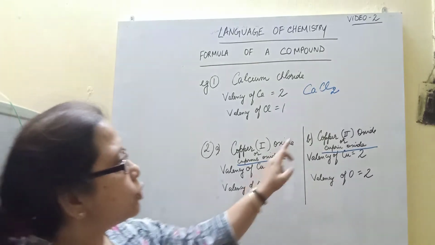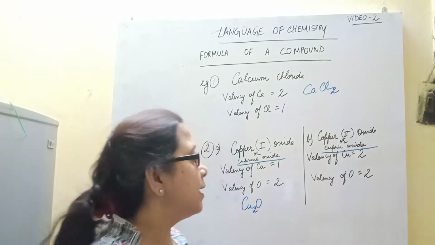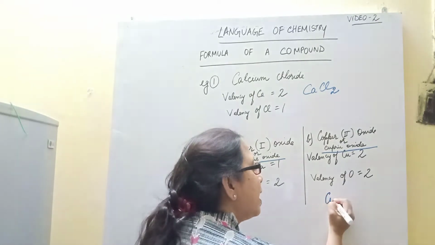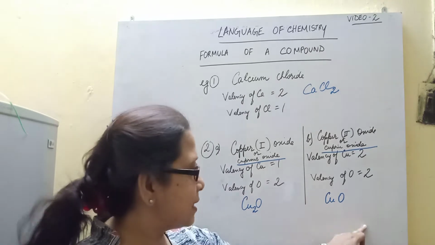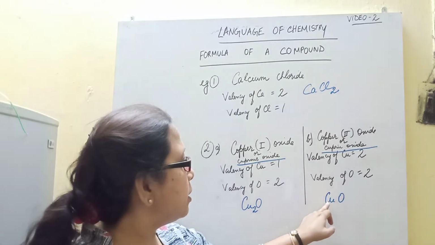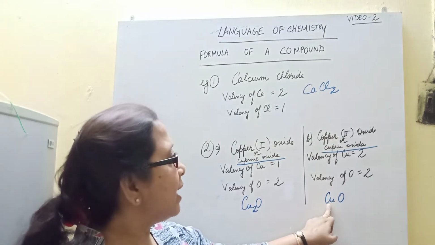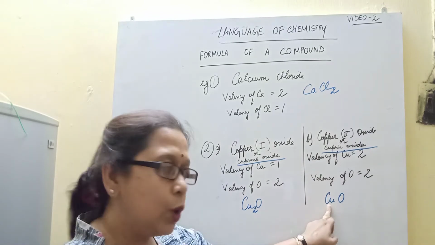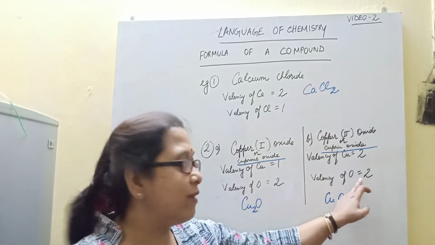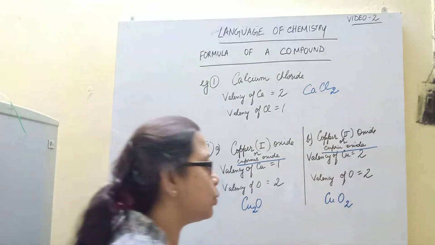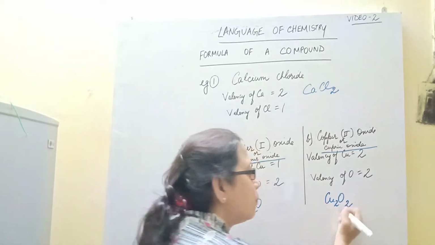Now let us come to copper 2 oxide. Again we write the symbols of the elements. What is the valency of copper here? 2. So we give it to oxygen. And what is the valency of oxygen? It is always 2, so it comes to copper.